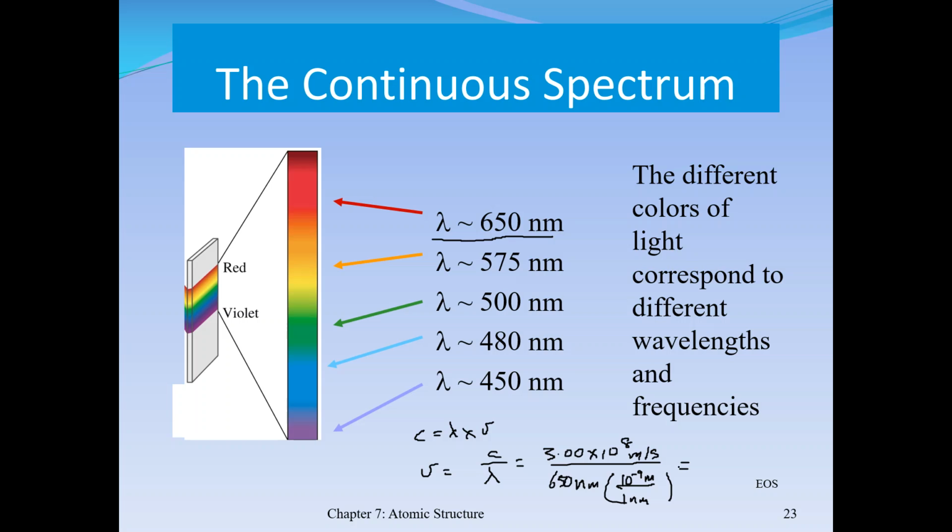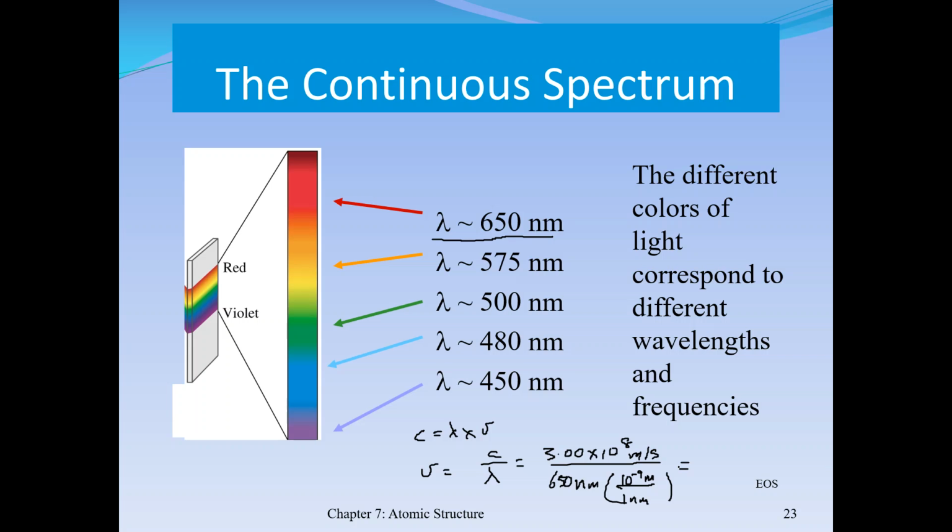So let me do that here. 3 times 10 to the 8 divided by 650 times 10 to the minus 9.